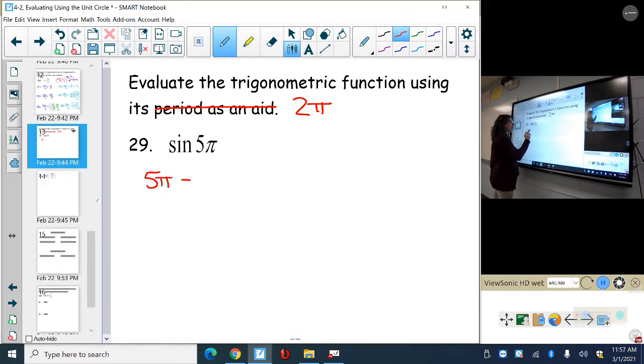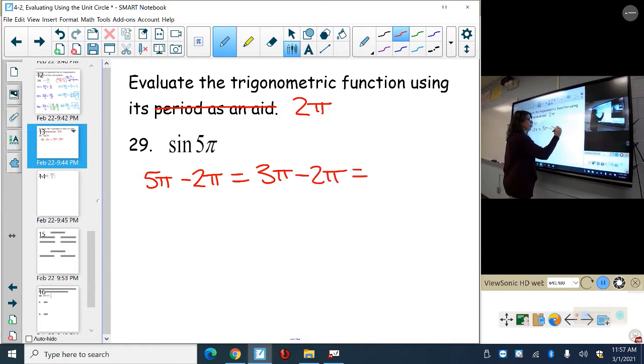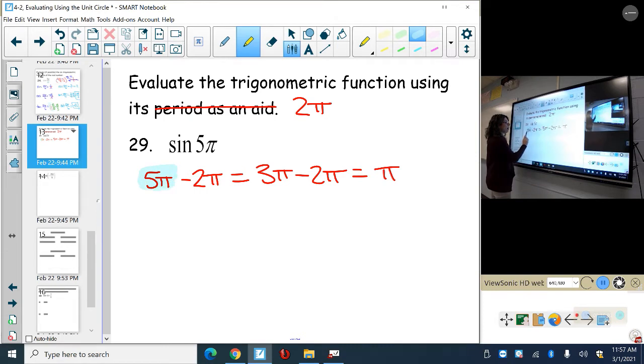If I take 5 pi and subtract off 2 pi, because it's bigger than 2 pi, that gives me 3 pi. That's still bigger than 2 pi. Do it again. That gives me pi. What this means is this 5 pi is the same thing as 3 pi, which is the same thing as pi. They land at the exact same spot on the unit circle every revolution.